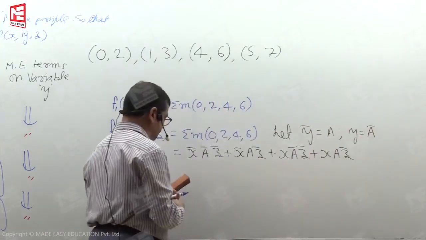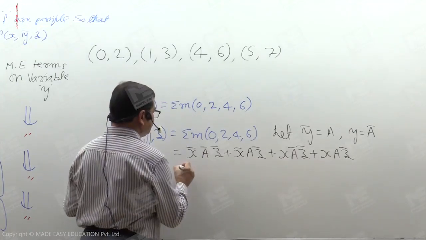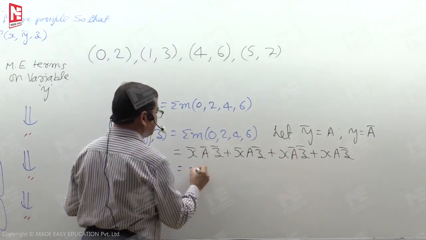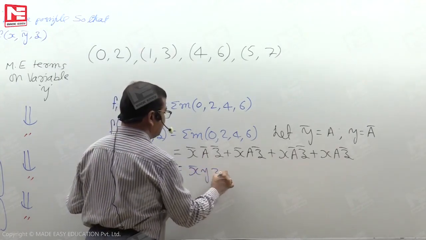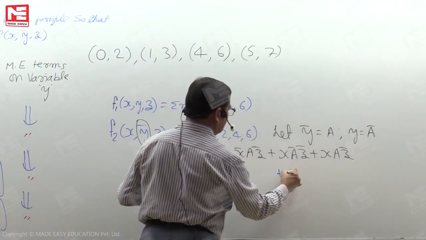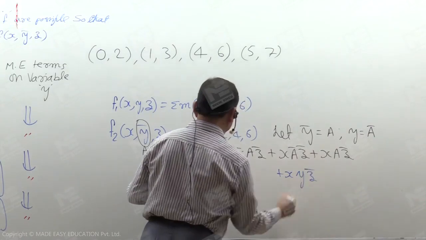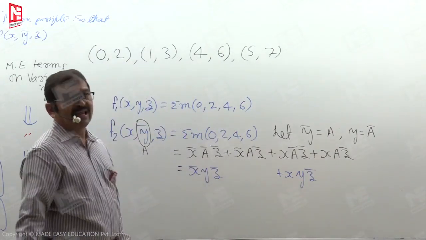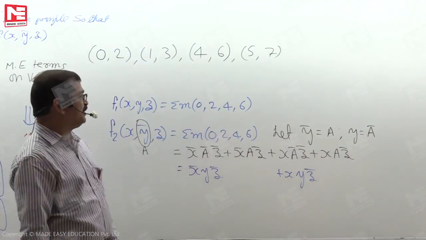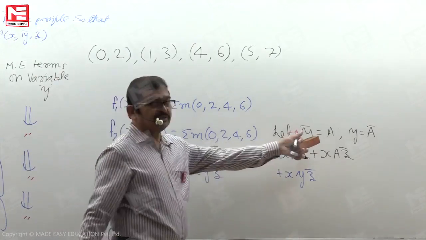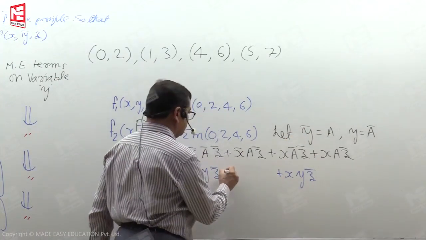Based on this substitution, it will now be x complement, y, z complement, and x, y, z complement. In the second and the last term, we have a, and a must be replaced with y complement.